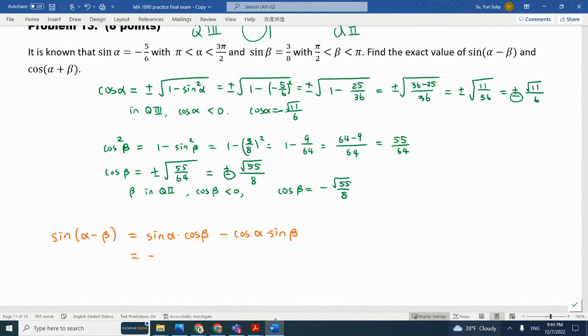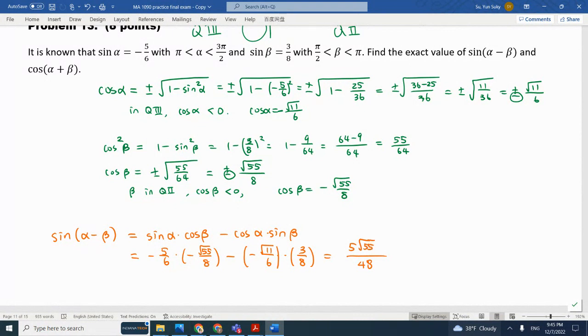Sine alpha is negative 5 over 6. Cosine beta is negative root 55 over 8. Cosine alpha is negative square root of 11 over 6, and sine beta is 3 over 8. Okay. Negative times negative becomes positive. 6 times 8 is 48, and 5 root 55.